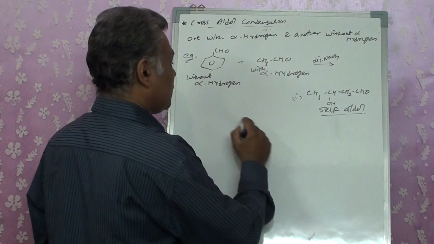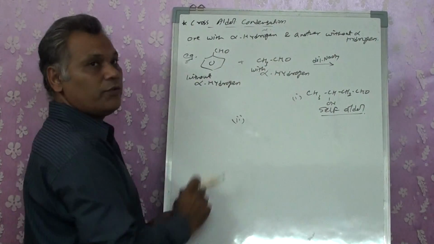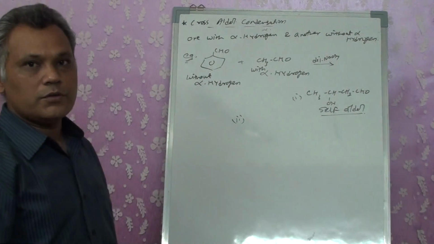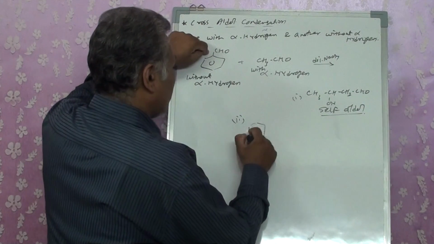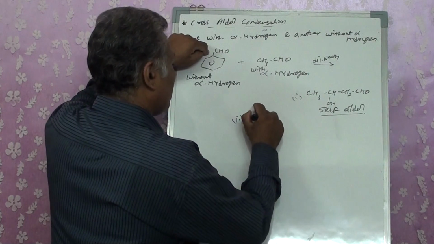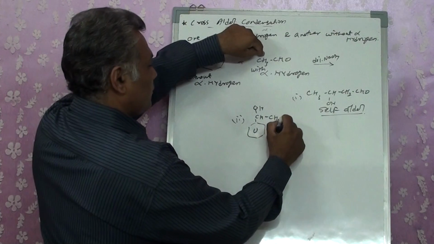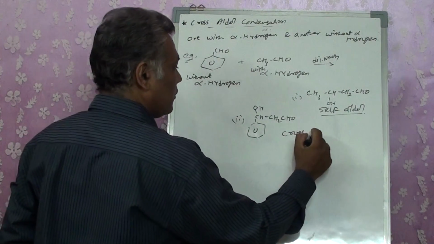So this is my first. The second one, what will happen? Alpha hydrogen is present with it. It can't dissociate because it won't get the alpha hydrogen. So in place of that, what will it do? It will use this carbonyl group. It will get the alpha hydrogen from here. So that is possible.